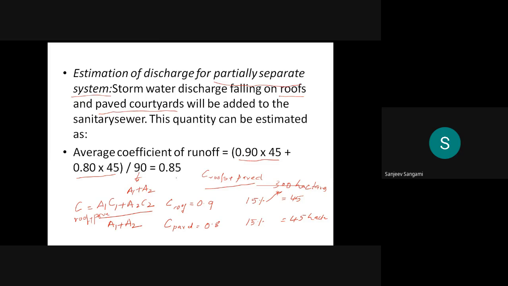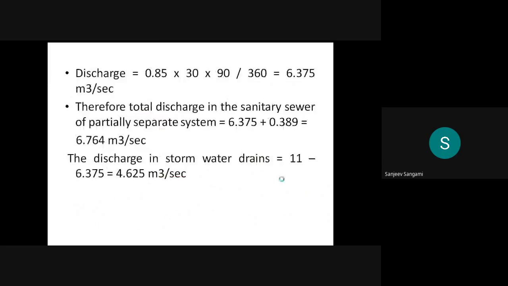So if you calculate it, you will get 0.85. Then how much discharge is coming out in this? Use again the same formula, Q equals C I A divided by 360.